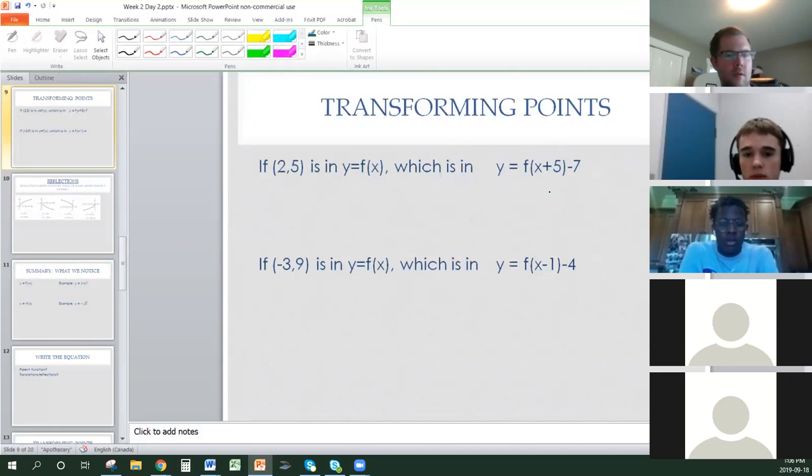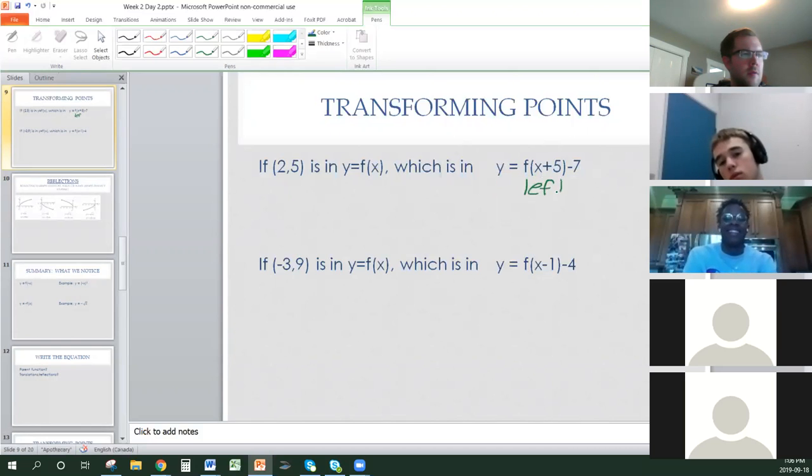It's hard to type. You could even just say, like if it's left, how many, or right, how many. Left. And then down 7, perfect.